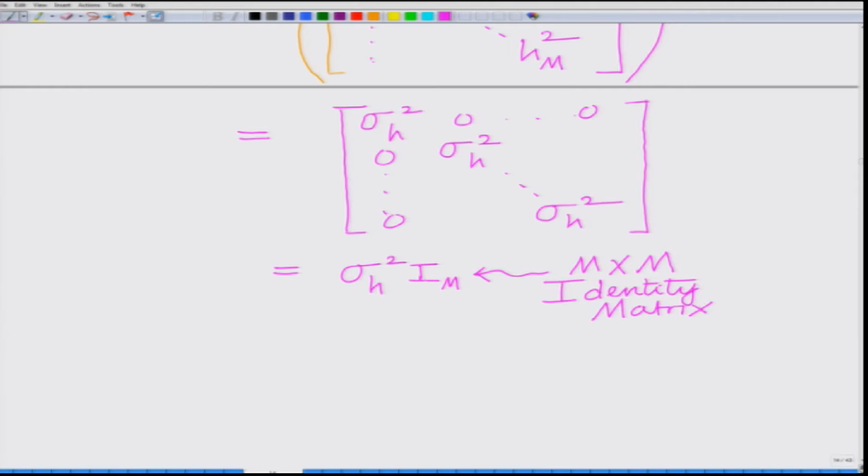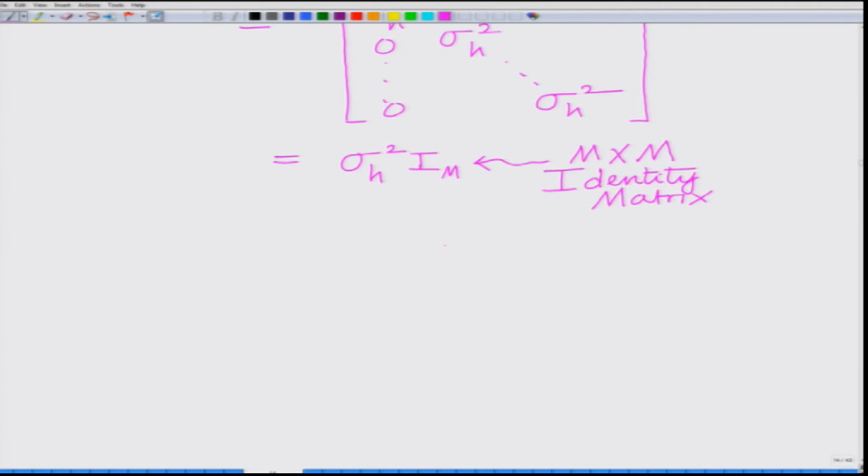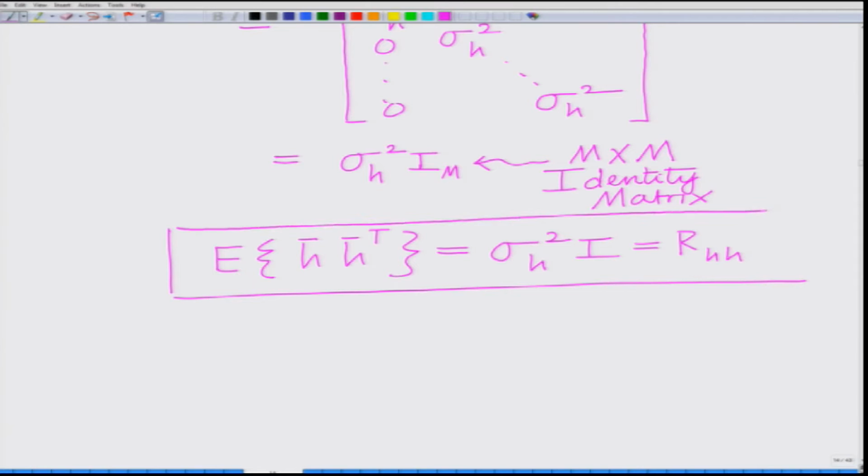So, we can say that the expected value of h bar h bar transpose equals sigma h square times the identity matrix, and in this case you can call this RHH, the covariance matrix of the parameter vector.